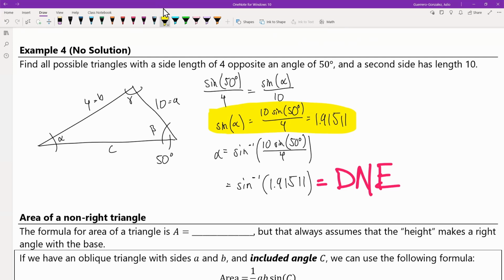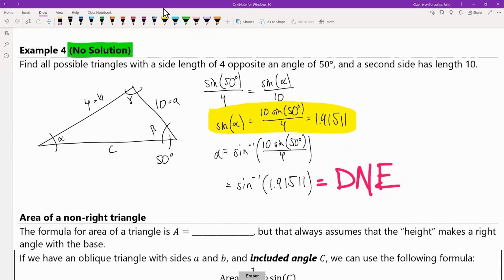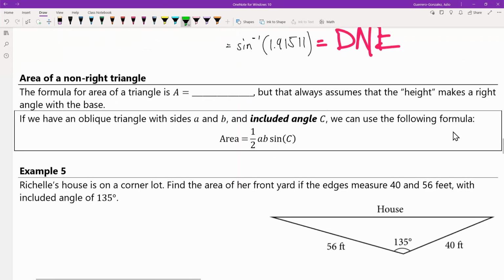This is the no solution case, since the computation presents a does not exist. Okay? So this is the way that you find the ones that are no solution. Okay? Moving right along.